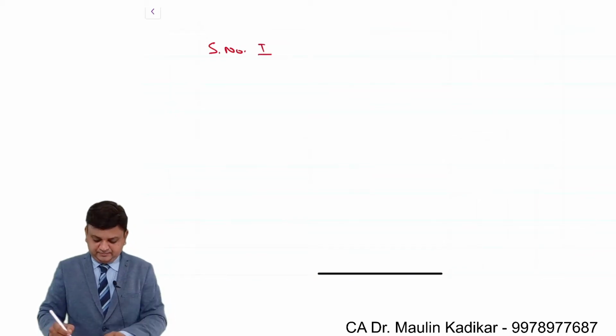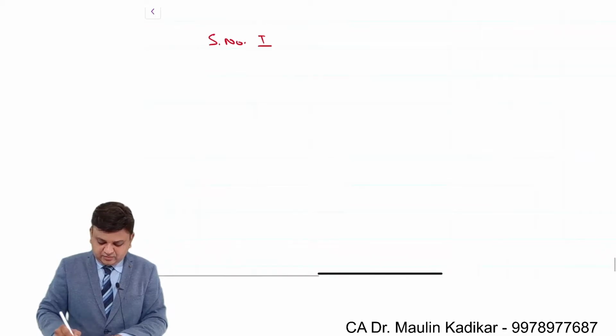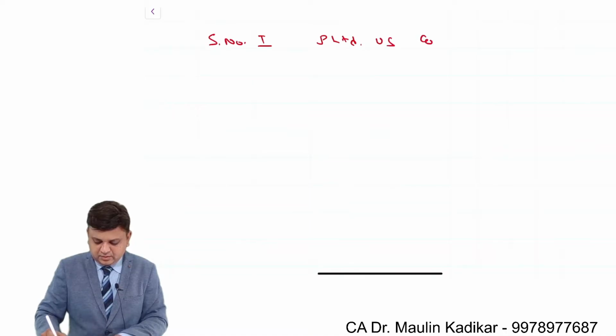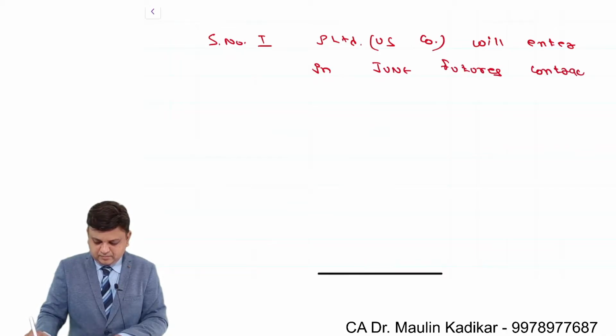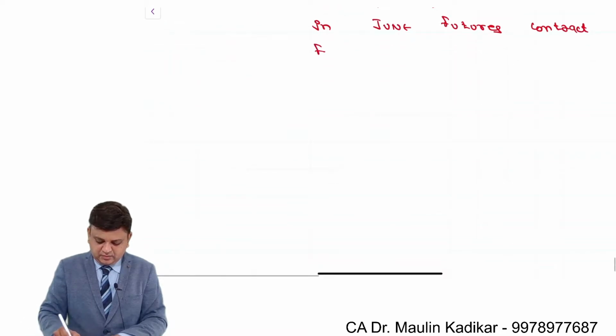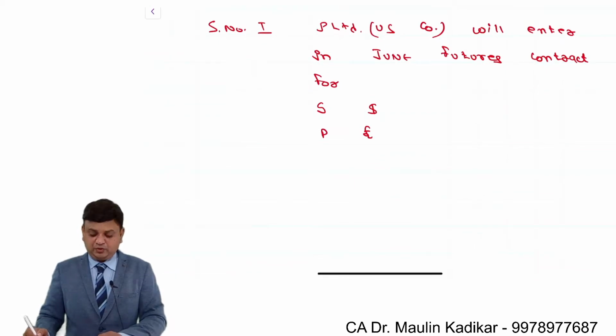Now step number 1, in that write down P Limited, US company, will enter in June futures contract for sell of dollar and purchase of pound. This is a futures contract.